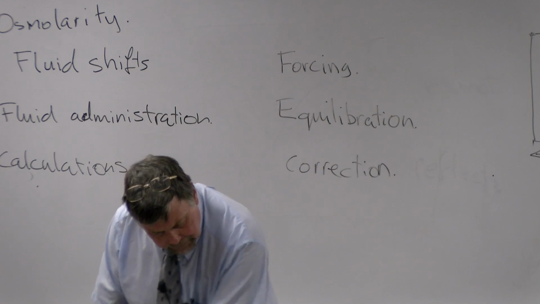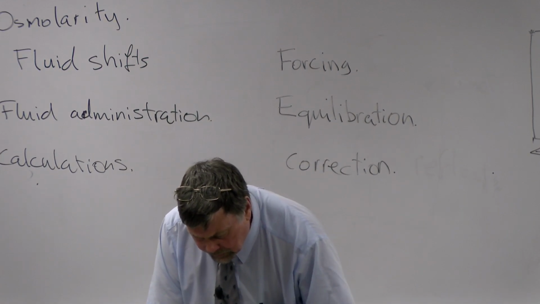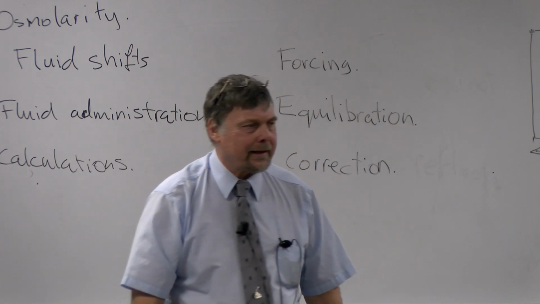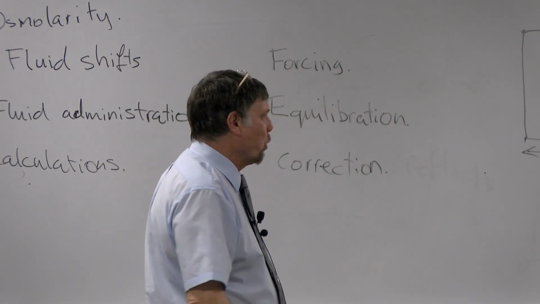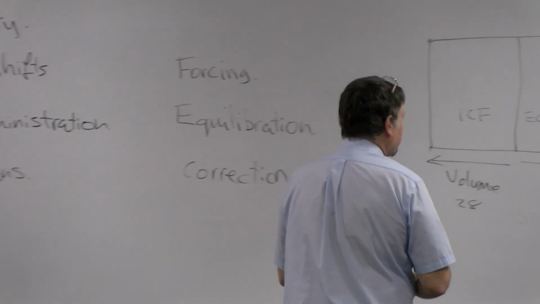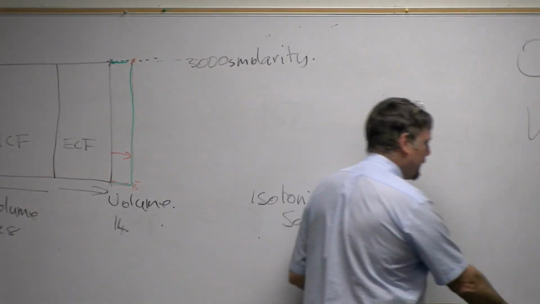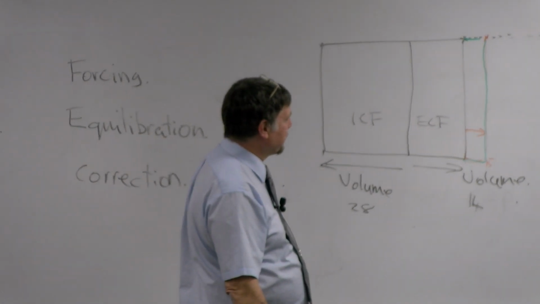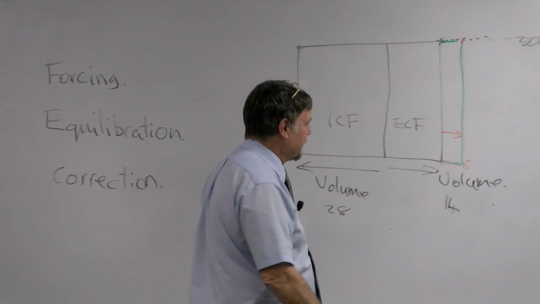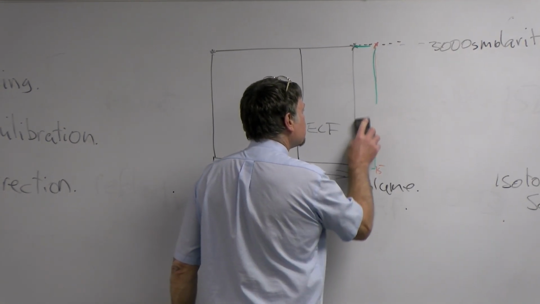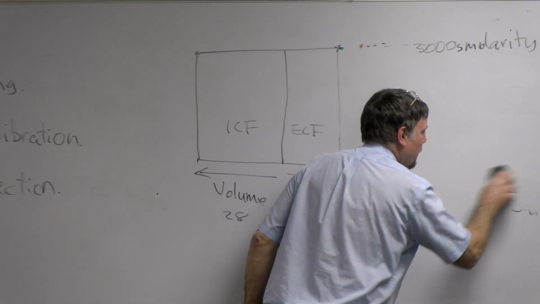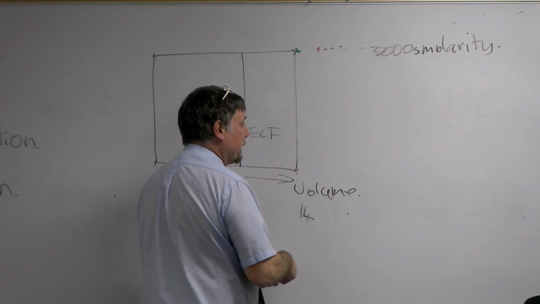So next, let's go to the one on the bottom right. It says SIADH. Let's just call it drinking water, because SIADH, which is the syndrome of inappropriate ADH secretion, is kind of like drinking free water. So let's drink a liter of water.